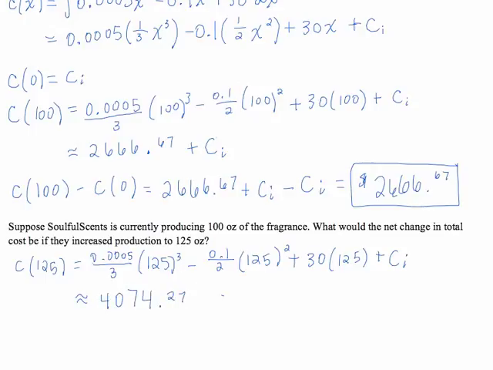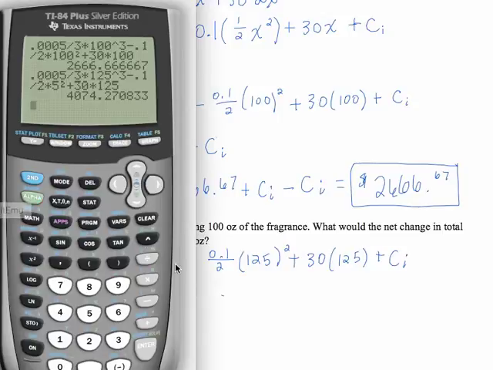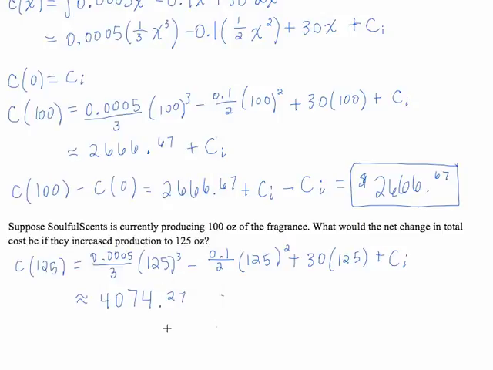Make sure I wrote that correctly there. 4074.27. Okay, $4,074.27 plus the constant of integration or whatever the fixed costs are.